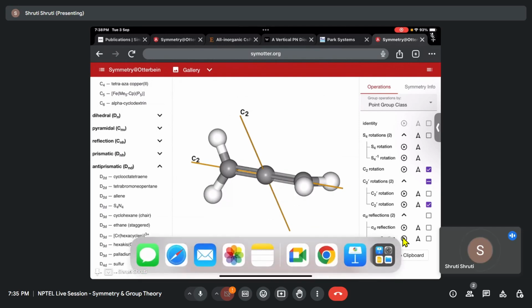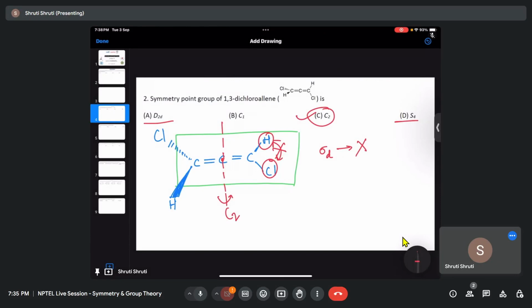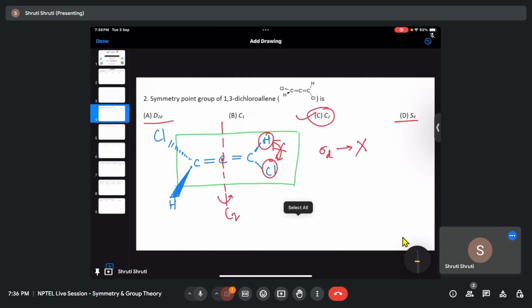So we have 2 C2 axes left, one in this direction and one perpendicular. The point group is C2.